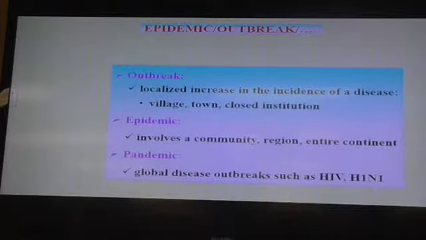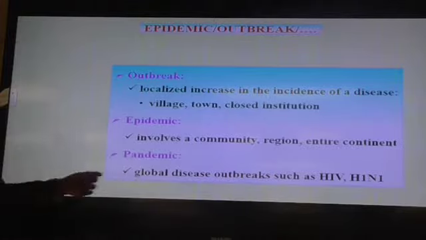For example, the Ebola outbreak that occurred in several countries in West Africa was still an epidemic, because it affected the West African region as a whole. Now, when we say pandemic, this is very global in nature. This is usually declared by the World Health Organization once certain criteria are fulfilled.